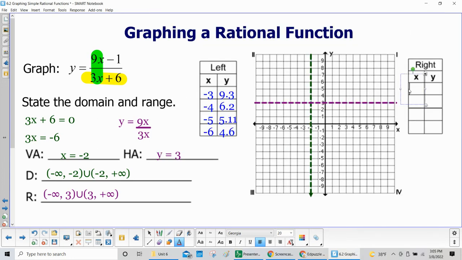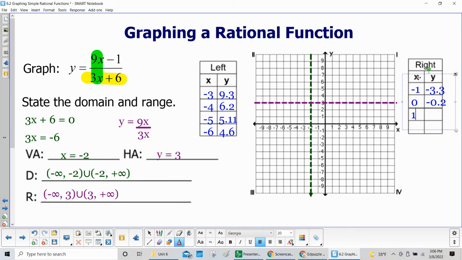So let's see here. I'm going to do -1, and I'm going to use -3.3. I'm going to do 0, and I'm going to use really -0.2.